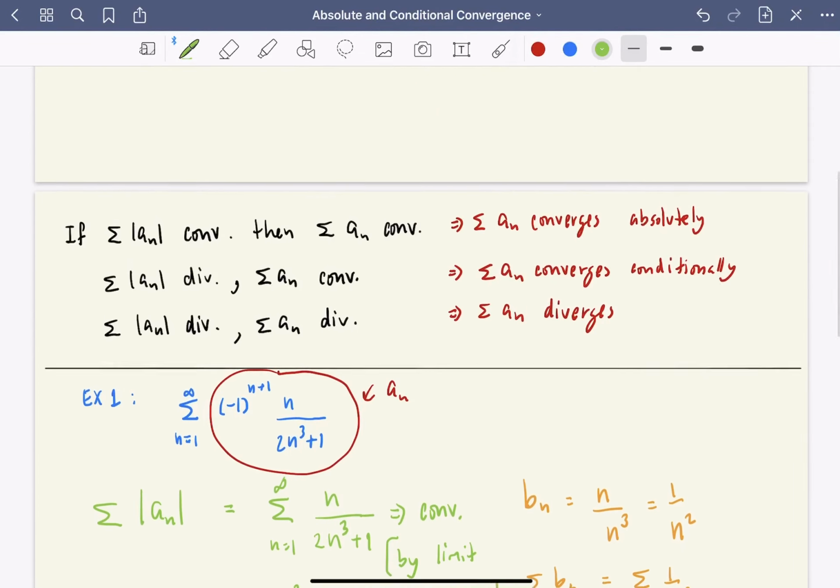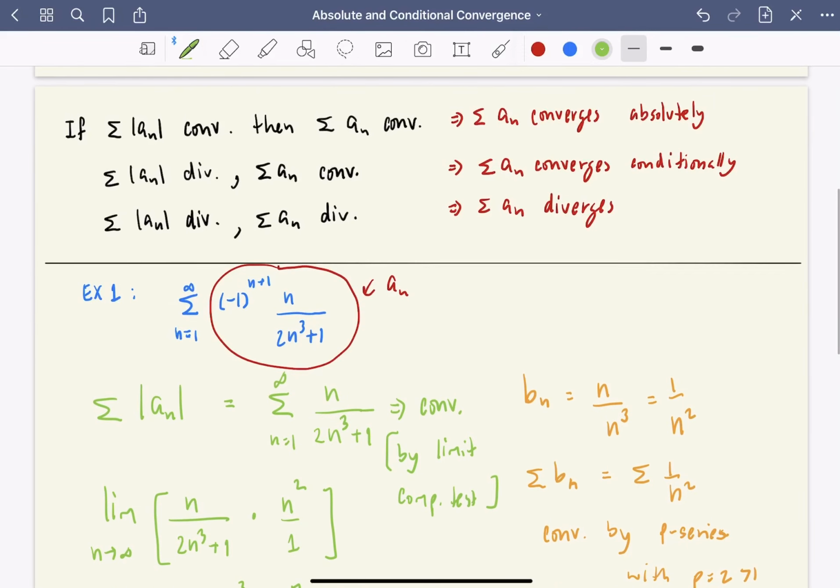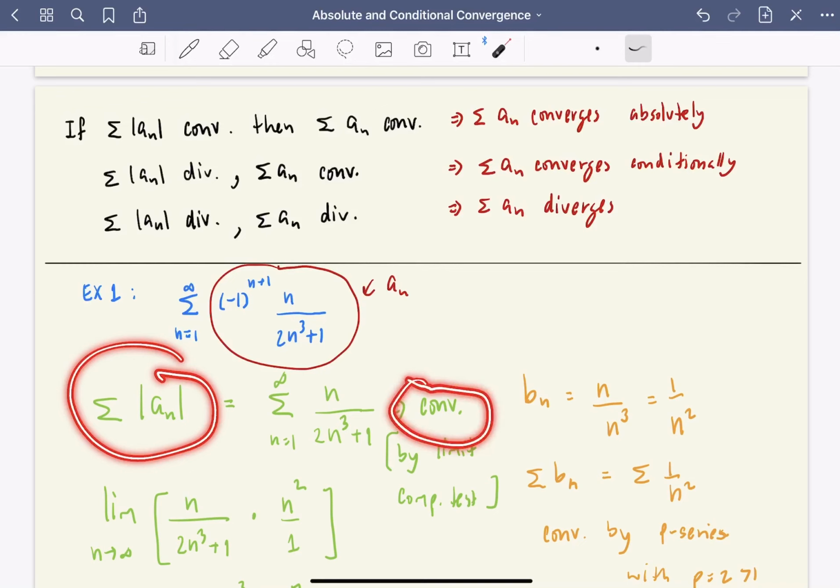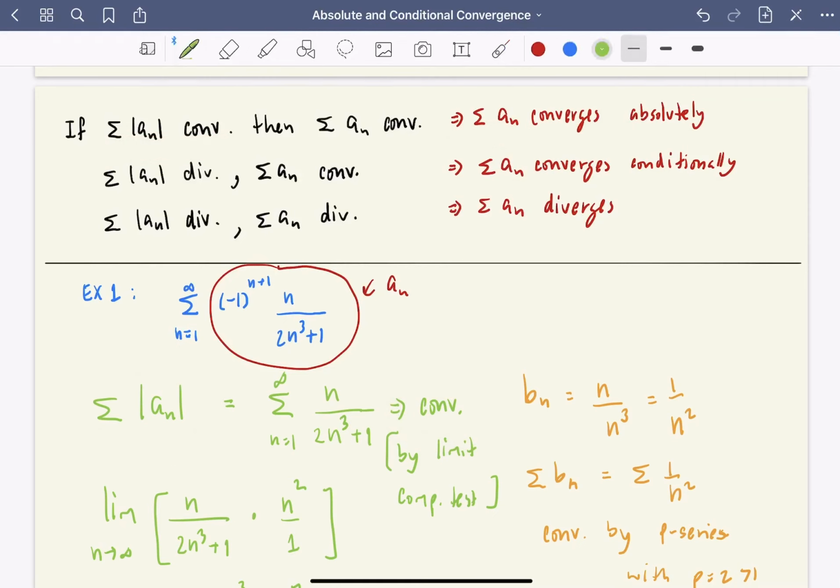Now since we know that the series of the absolute value of an converges, the summation of an converges absolutely. That's why we know that this series converges absolutely. Okay, that's the first example.